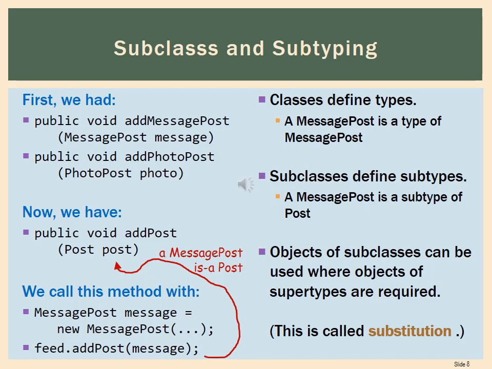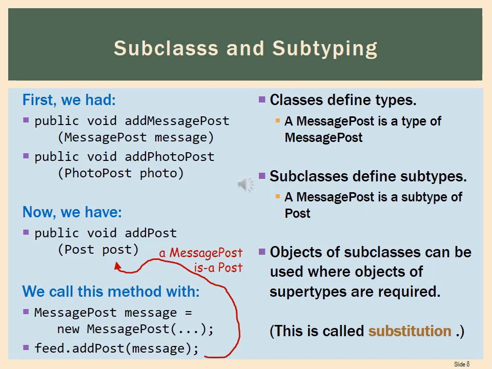So what does this mean? This means I can call the method add post and pass it any legitimate post object. Well, what is a legitimate post object? Obviously, an instance of post, but also an instance of its subclasses, also a message post, also a photo post.